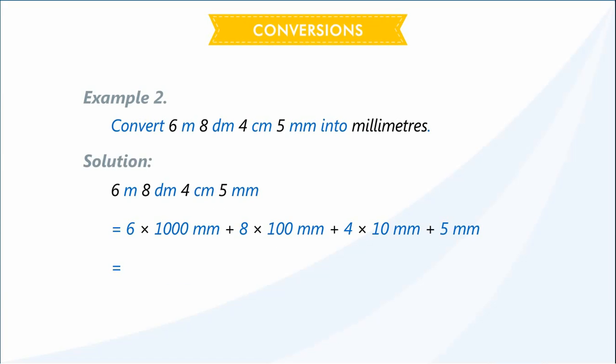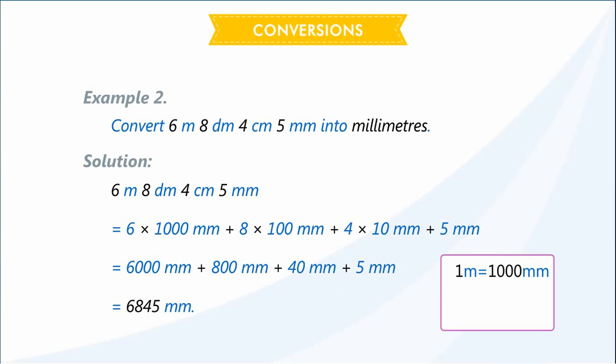This is equal to 6000 millimeter plus 800 millimeter plus 40 millimeter plus 5 millimeter, which is equal to 6845 millimeter.